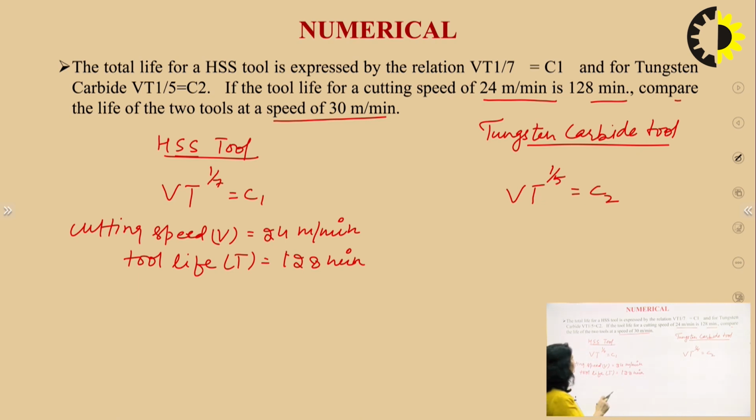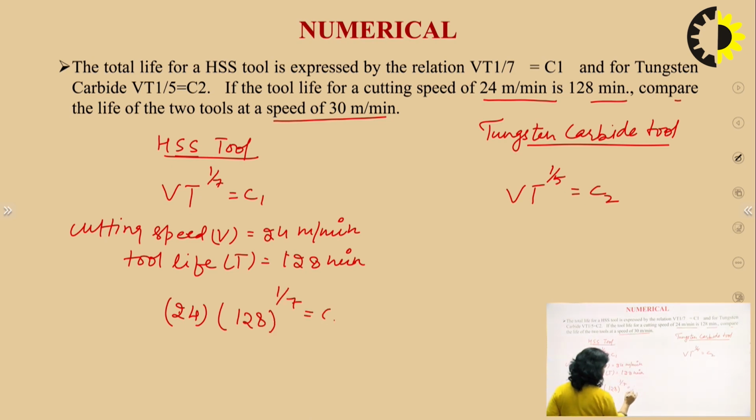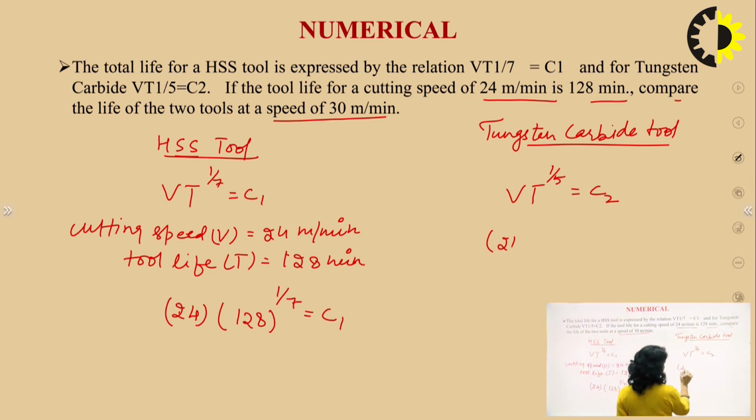Now we want to compare the tool life of these two tools at a cutting speed of 30 meter per minute. So how will we do this? First, we will put the values in this equation. 24 into 128 to the power 1 by 7 is equal to C1, and 24 into 128 to the power 1 by 5 is equal to C2.